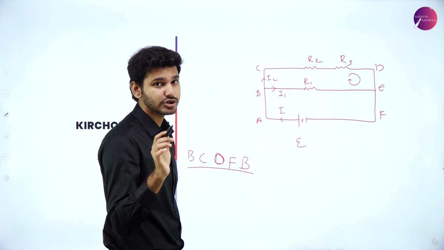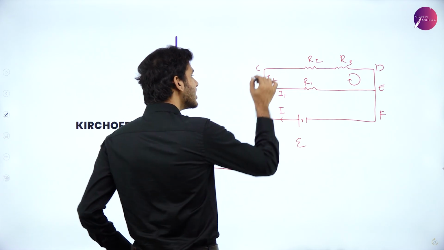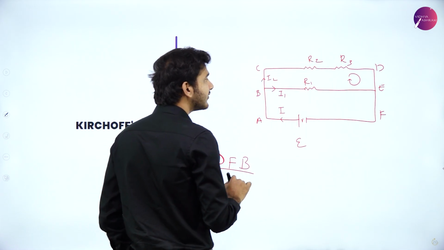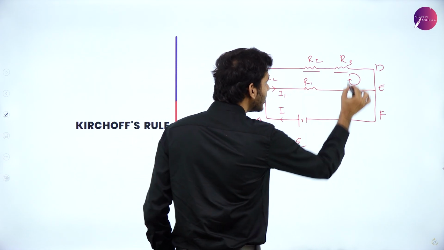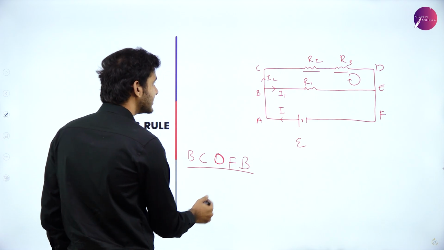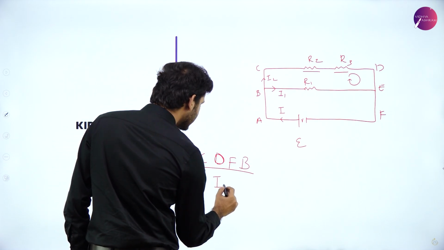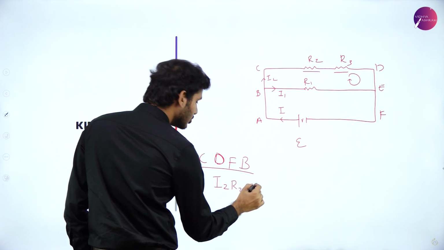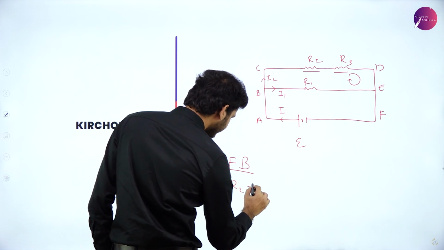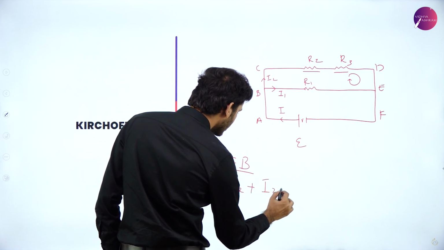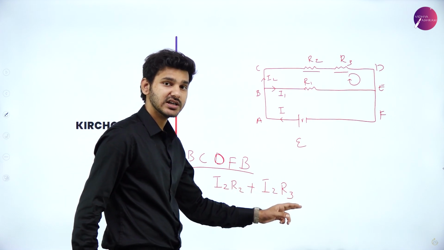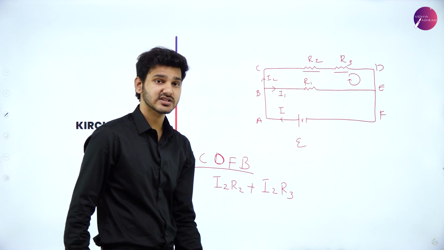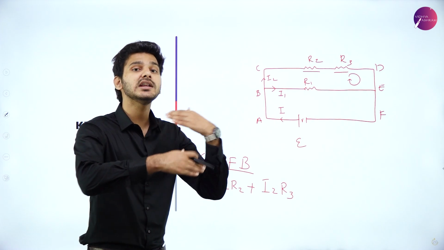This will play a crucial role very soon, because I2 amount of current will be flowing first through R2 resistance and then later on to R3 resistance, which means I2 R2 plus I2 R3.